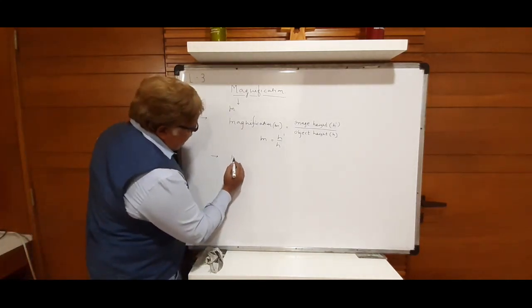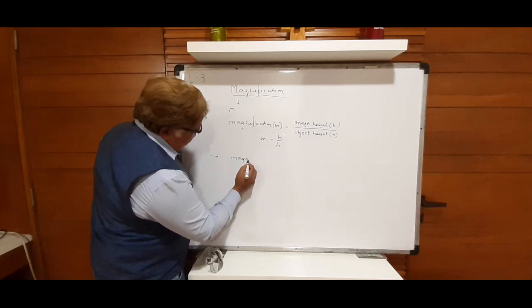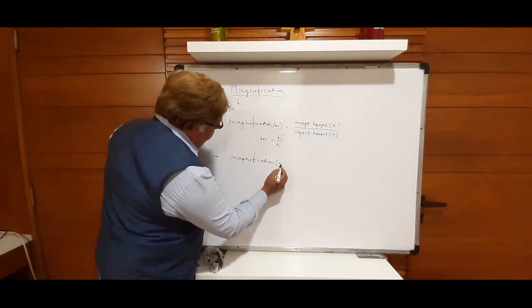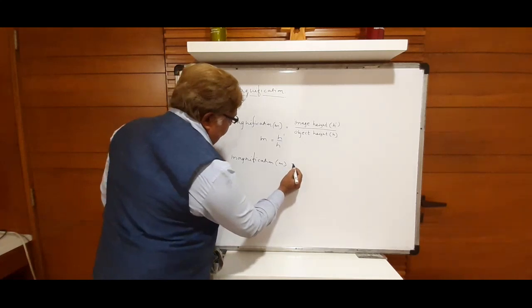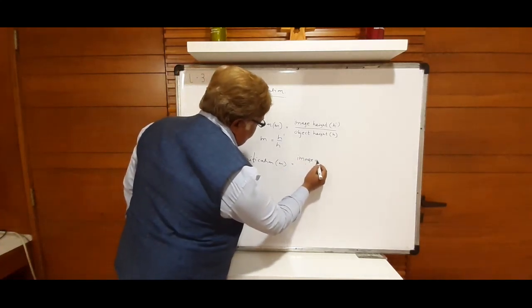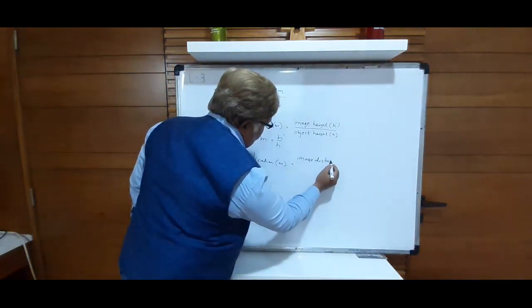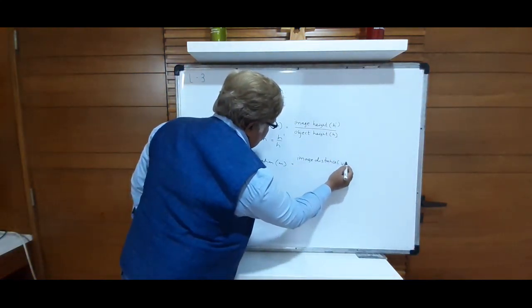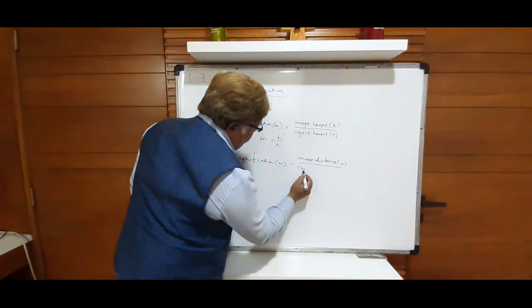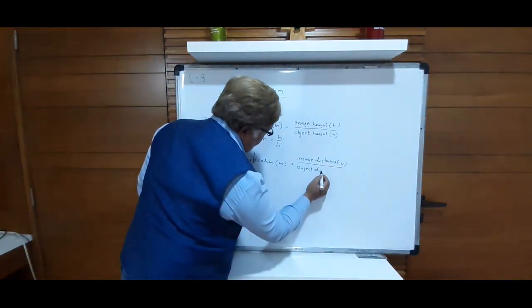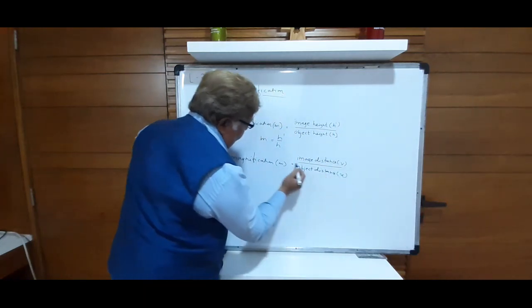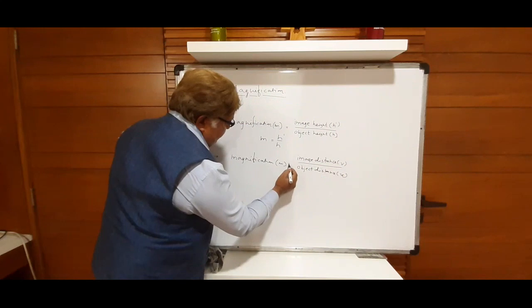Now I write in words, magnification, that's M, equal to, it is the ratio of image distance, that is v, upon object distance, that is u, but here the sign is negative.